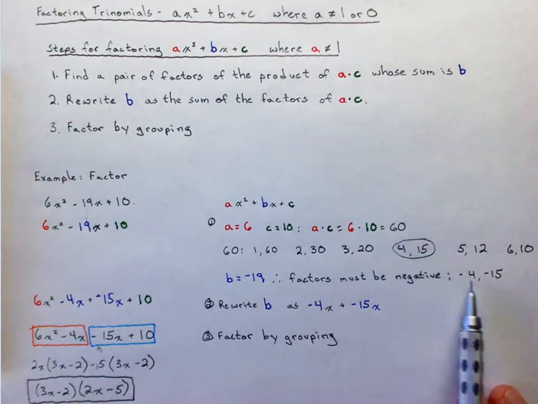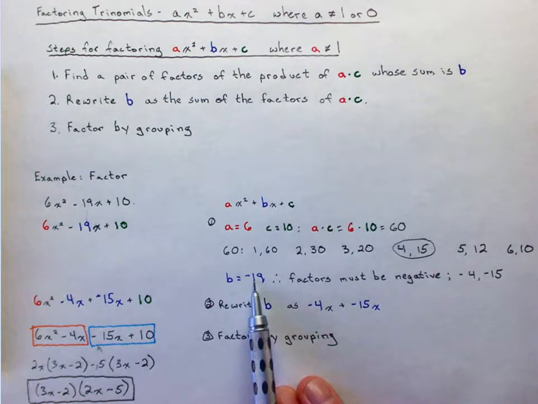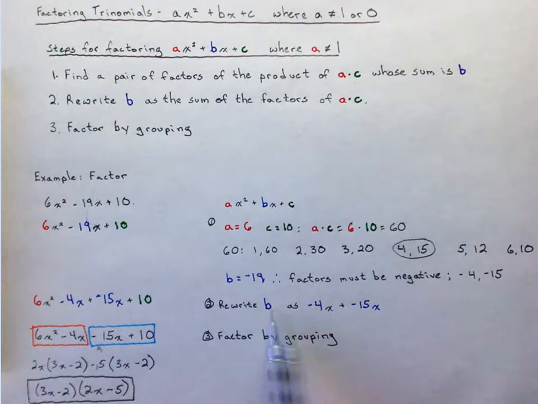Whenever I have these factors, the sum needs to equal b, and I have that. Now I'm going to rewrite b as a negative 4x plus a negative 15x. 6x squared minus 4x plus a negative 15x plus 10.